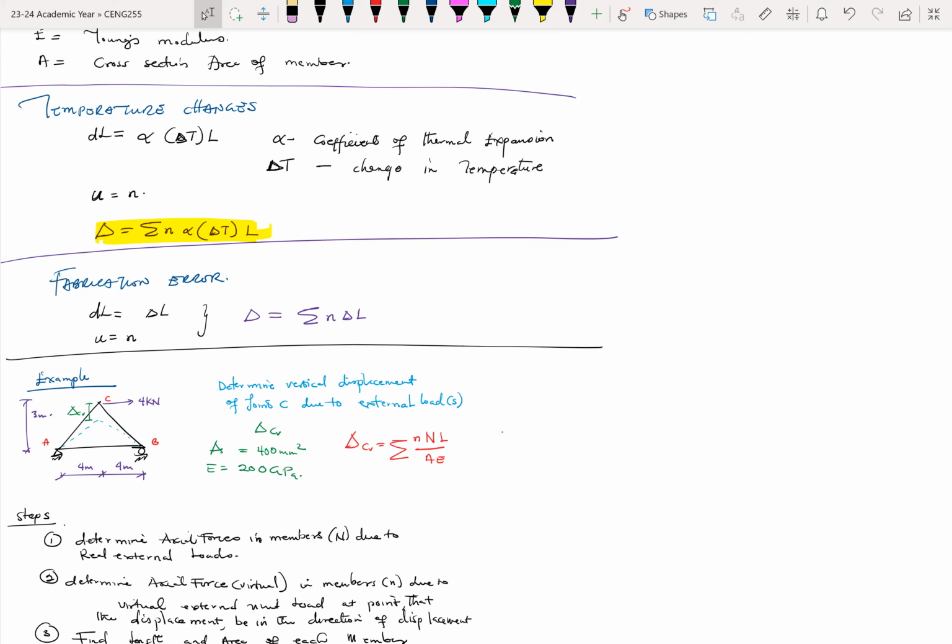Going forward, this means that we should revise our understanding of how to find forces in members of trusses. There are two main methods that we have all been taught: the method of joints and the method of sections.